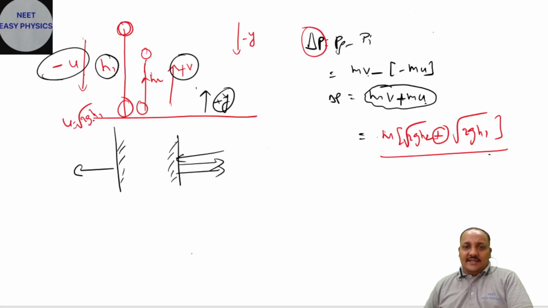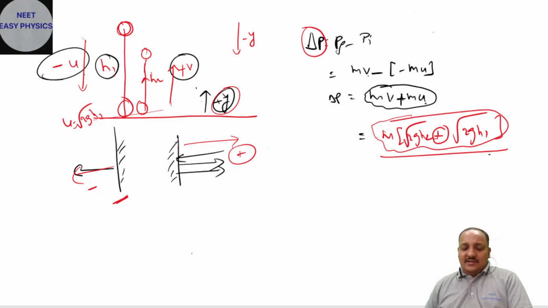If the wall is like this, which is nothing but the floor, the change in momentum is above, along the positive y-axis. In this case, the change in momentum is towards the left side, therefore negative. In this case, the change in momentum is towards the right side, therefore positive. So they asked for the impulse, therefore we should calculate the change in momentum.